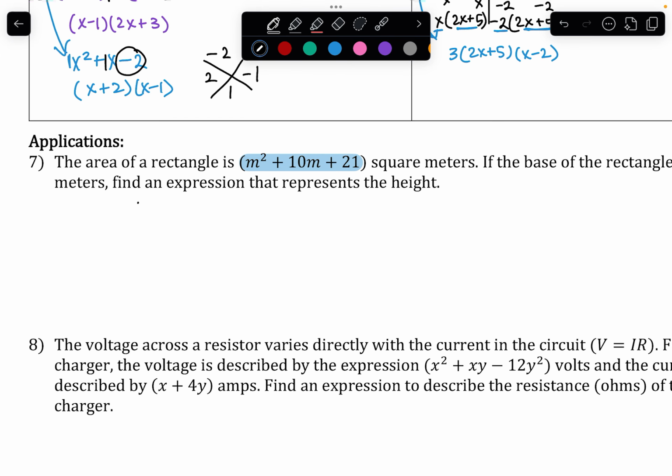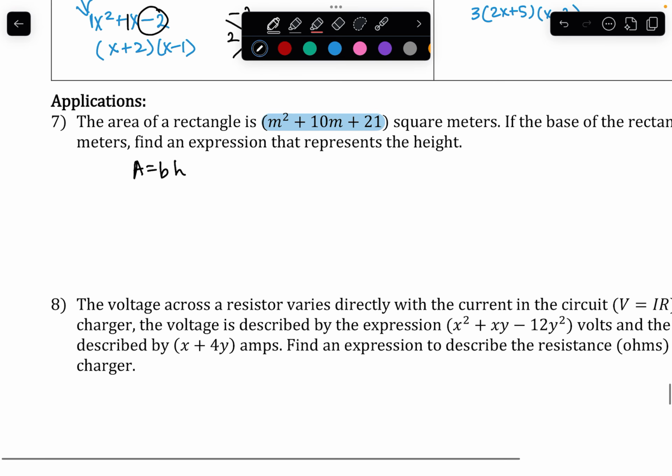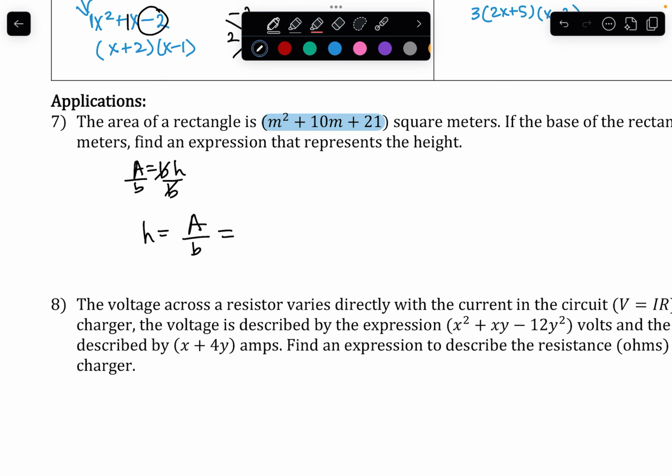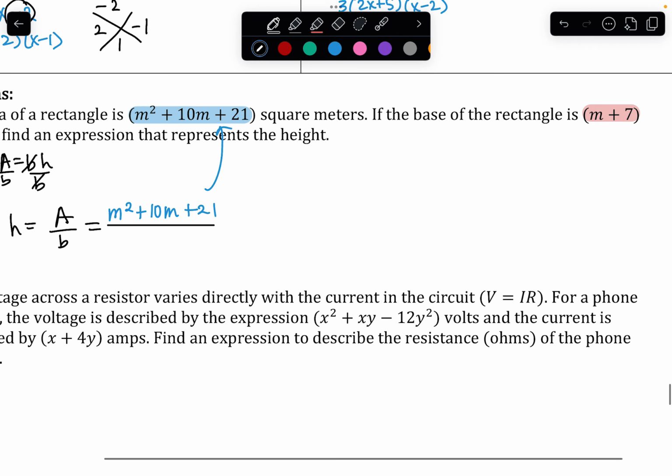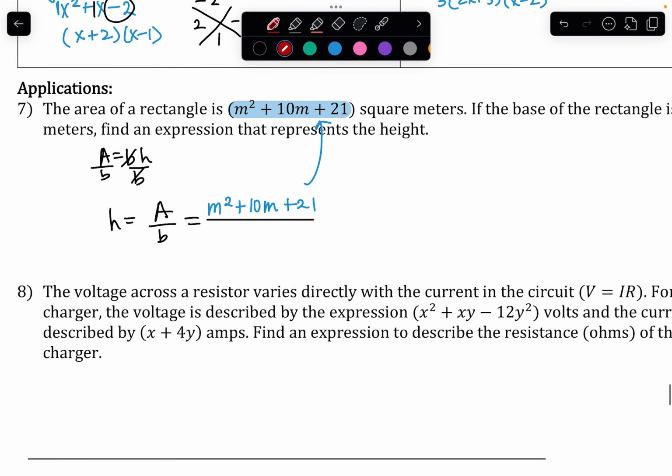Okay, and so we know base times height gives us the area. And so if we want to find the height, we would have to divide the area by the base. Okay, so the height is the area divided by the base. And the area is represented by m squared plus 10m plus 21. And the base is represented by the m plus 7.